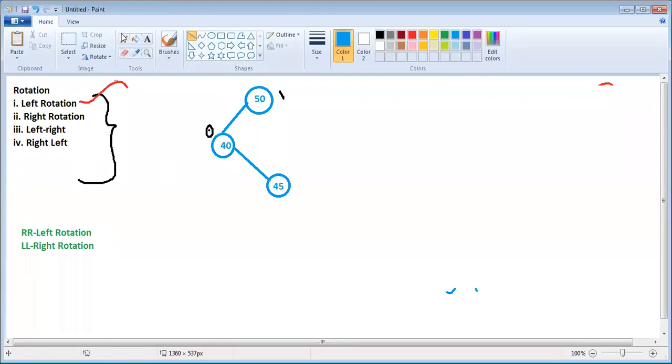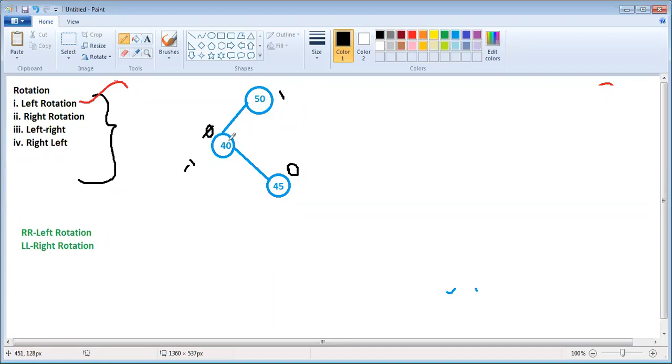Now again I'm checking the balancing factor, whether it is correct or not. What is the balancing factor of 45? 0, ma'am. What is the balancing factor of 40? Minus 1. What is the balancing factor of 50? 1, ma'am. Why 1?